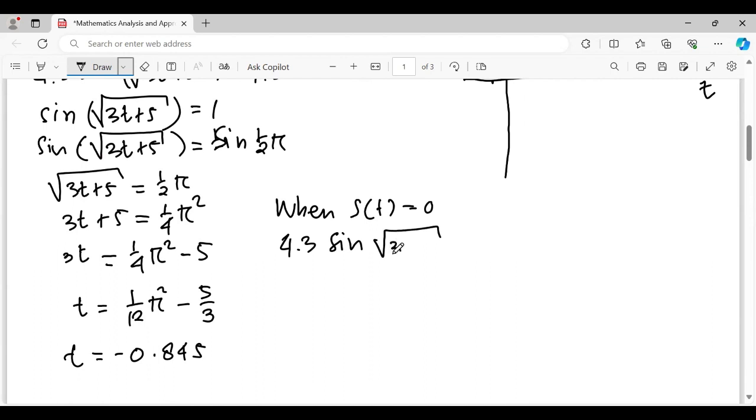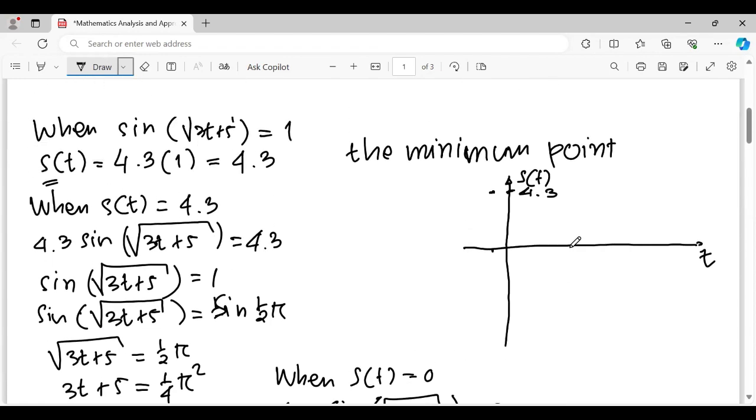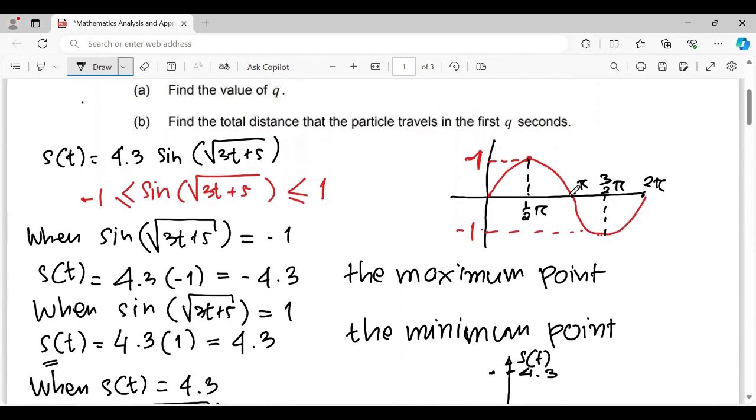sine square root of 3t plus 5 equals 0, or sine square root of 3t plus 5 equals 0 over 4.3 equals 0, and 0 is sine pi on the sine graph.